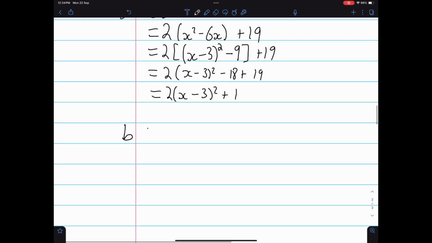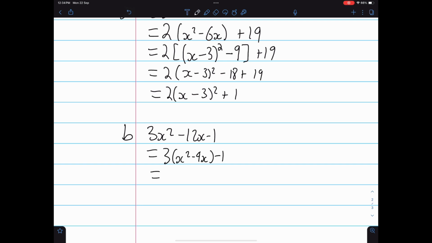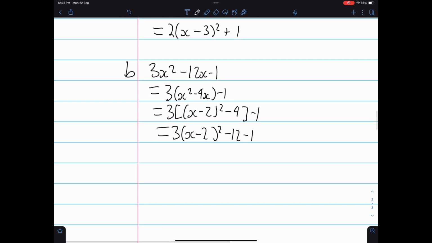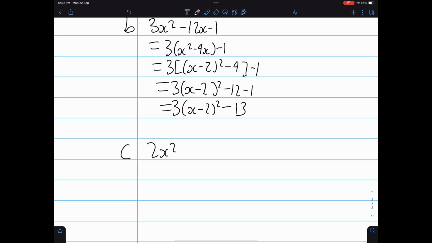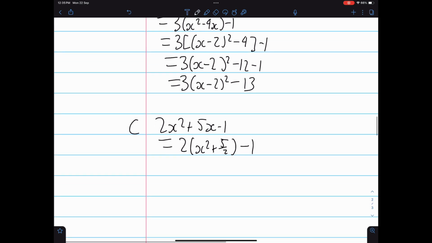And then the next one, example, is 3x squared minus 12x minus 1. And for C, we have 2x squared plus 5x minus 1, that's like that.